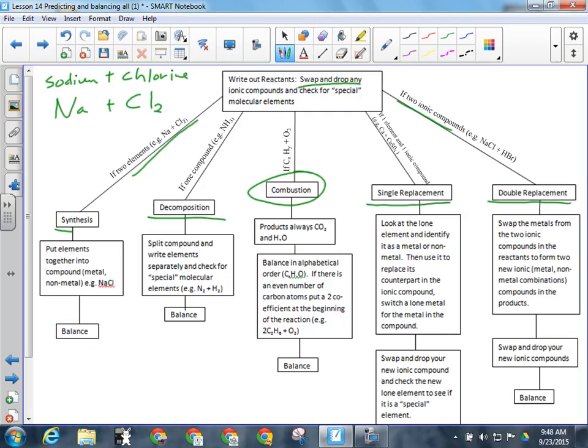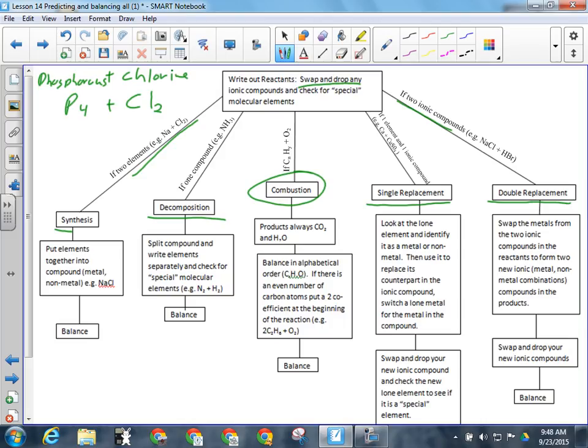Okay, in this case, with the 2 elements, we put the elements together into a compound, metal, then nonmetal. Right? And the reason I say metal, then nonmetal is because I could not possibly give you a reaction that was, let's say, like this. Okay, I couldn't say phosphorus plus chlorine, because what kind of compound is that going to make? Molecular.